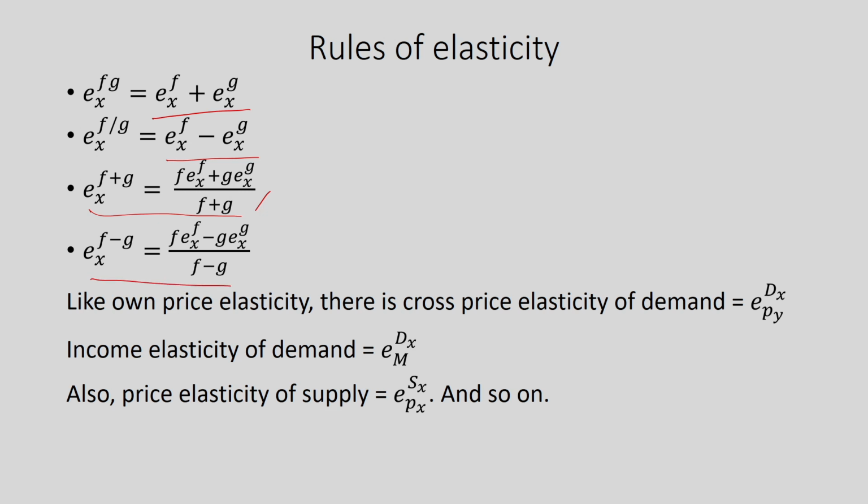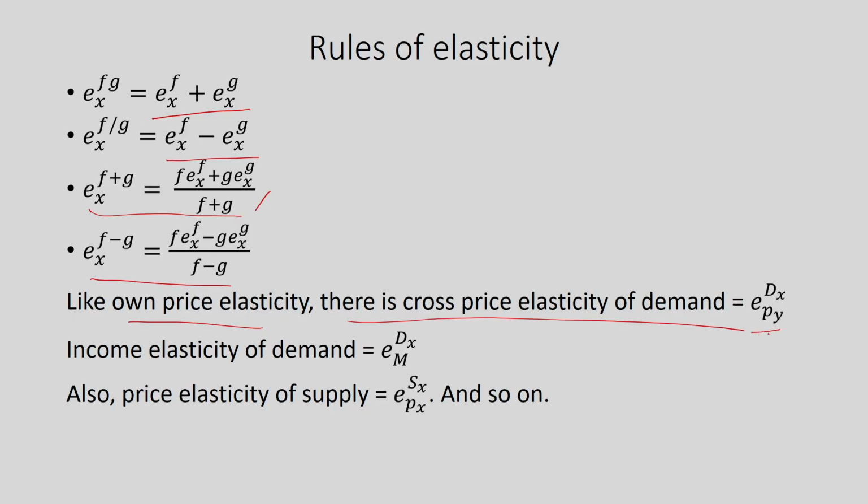Now, we have talked about own price elasticity before. So, you take a quantity demanded and you change the price of the same good, that is called own price elasticity. Now, there is something called the cross price elasticity also, which is, suppose the price of some other good changes, then the quantity demanded of a particular good can change.